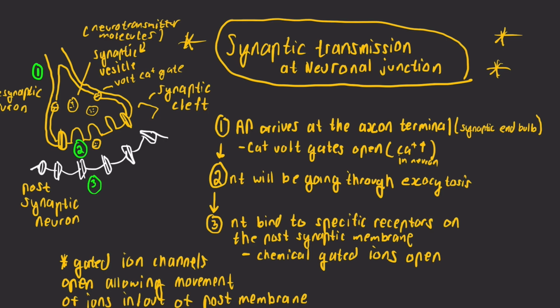That's why this lesson is called synaptic transmission at neuronal junction. These synapses allow signals to go from one neuron to another by traveling across the synaptic cleft. So, how does this happen?